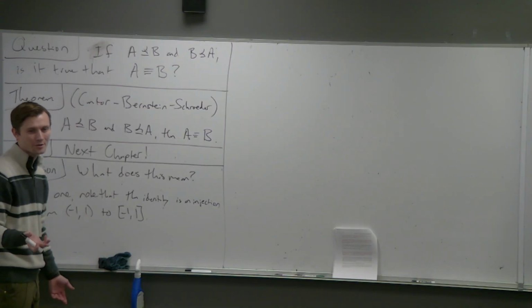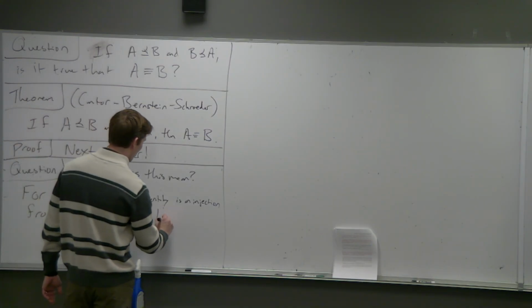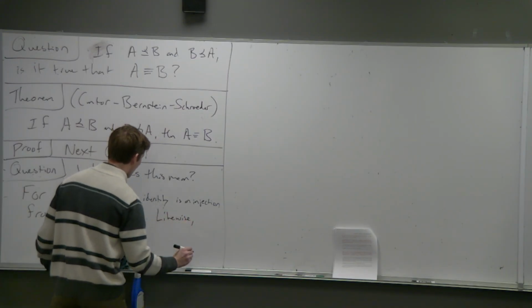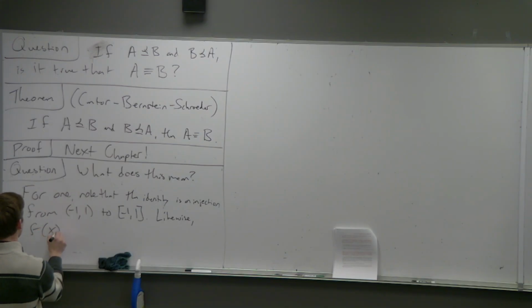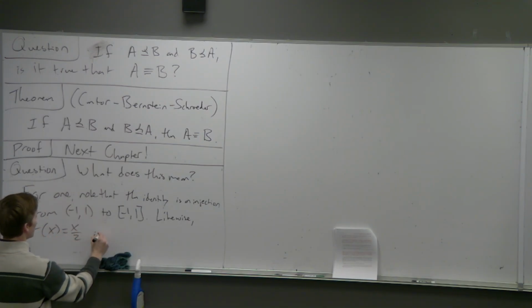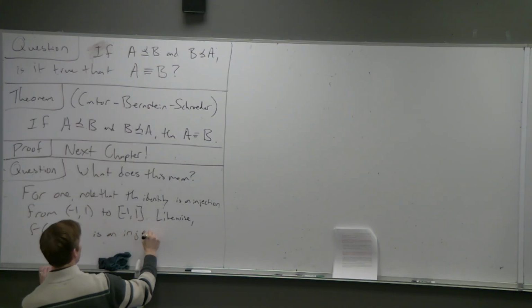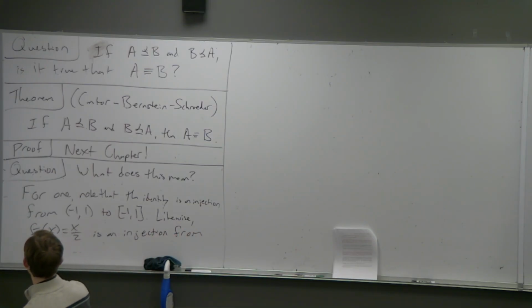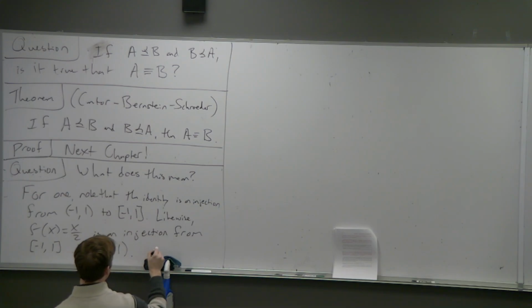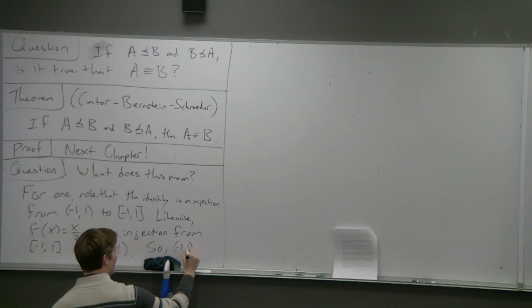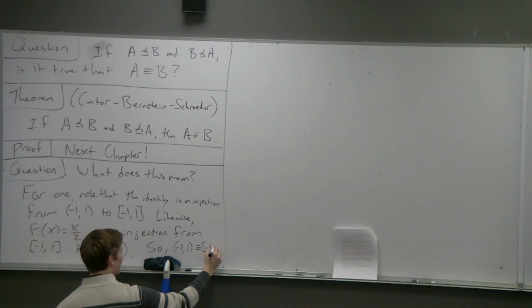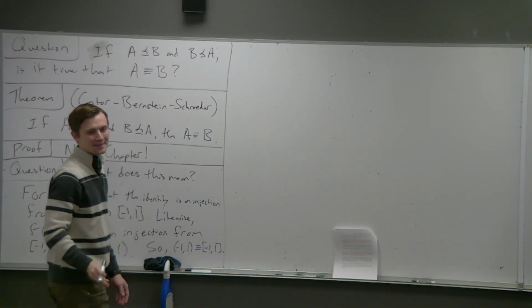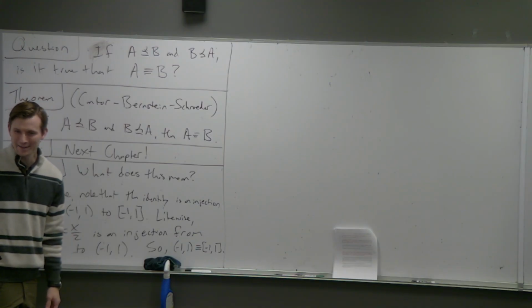Okay, it's not a surjection, but it's an injection. Likewise, f of x equals, say, x over 2 is an injection from the closed interval [-1, 1] to the open interval (-1, 1). So the open interval (-1, 1) and the closed interval [-1, 1] are equinumerous. Does that seem right?